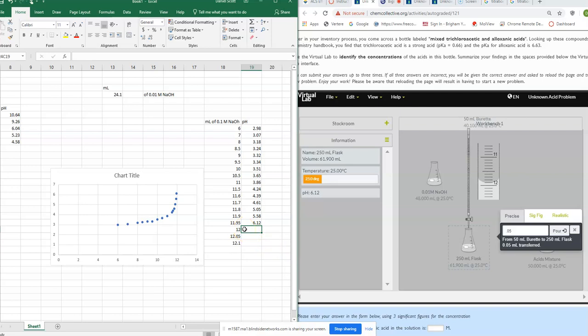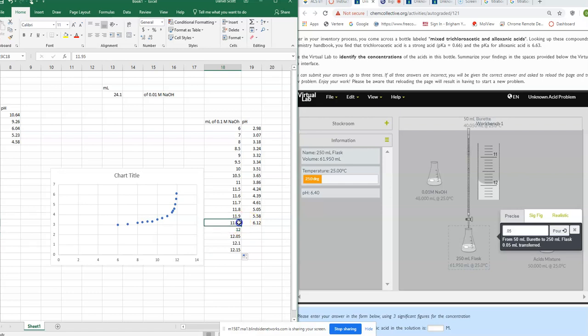We're at 11.9 now. Oh. Now we're 11.950.